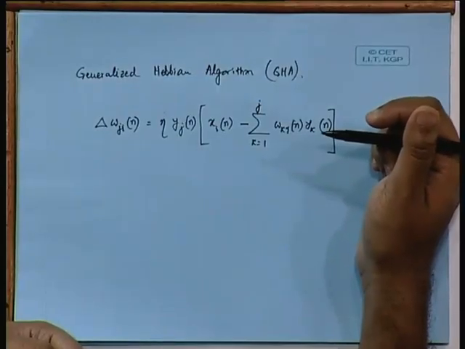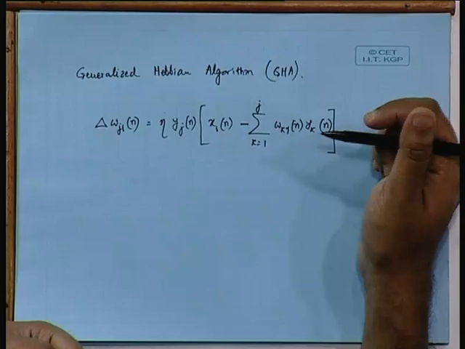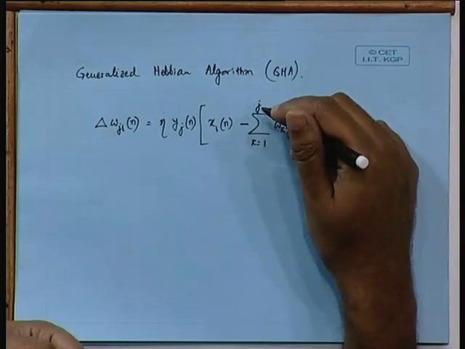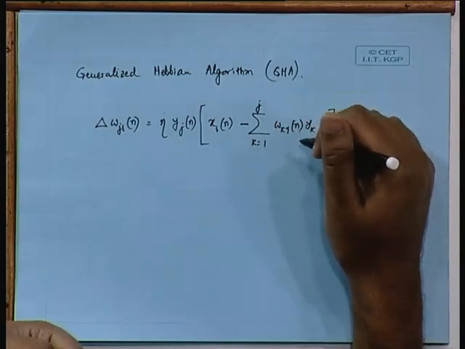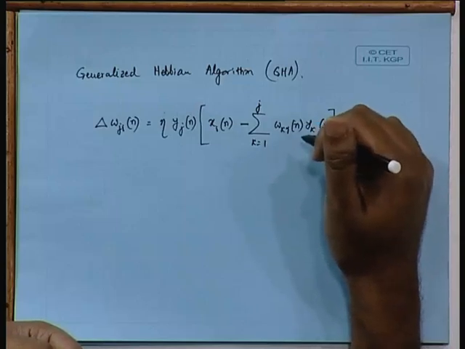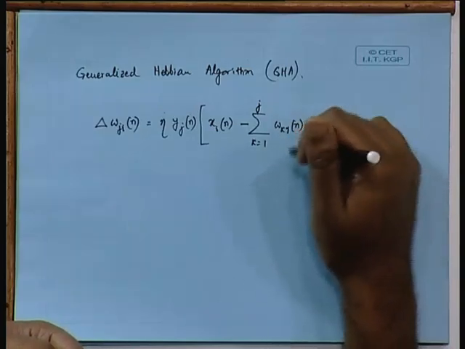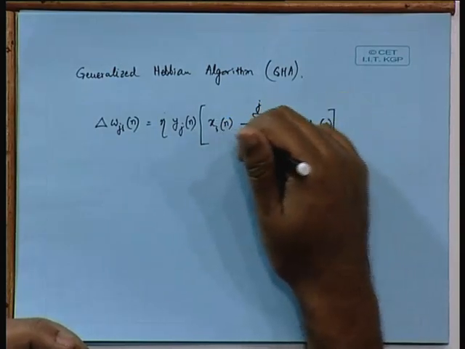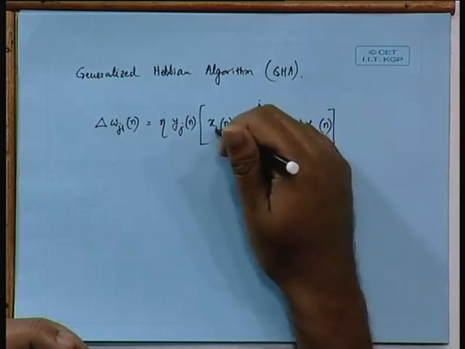Now, this wki yk means that we are considering the kth output and summing it up for k equal to 1 to j, and k equal to 1 to j means that whatever has already occurred, all the previous yk are being taken into consideration because they will be accordingly modifying the effective xi(n).